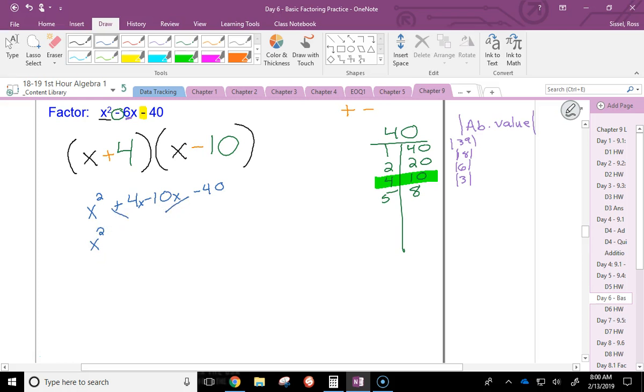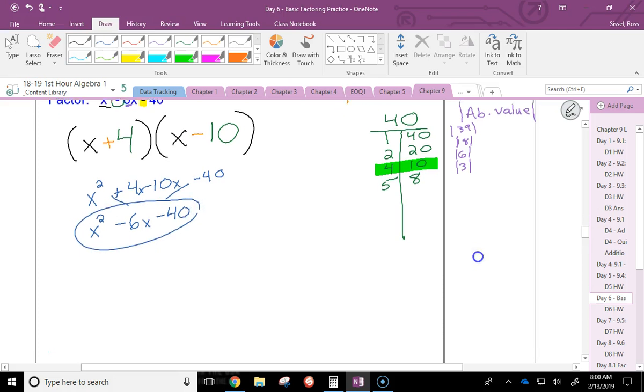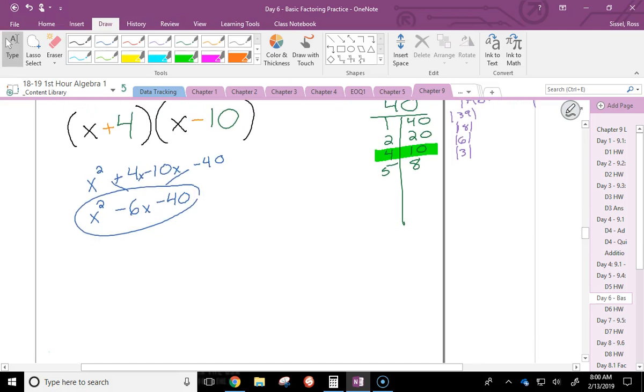Positive 4 minus 10 is negative 6x. That's where we would have got the correct answer. Had we switched these around, we would have had x squared minus 4x plus 10x minus 40.